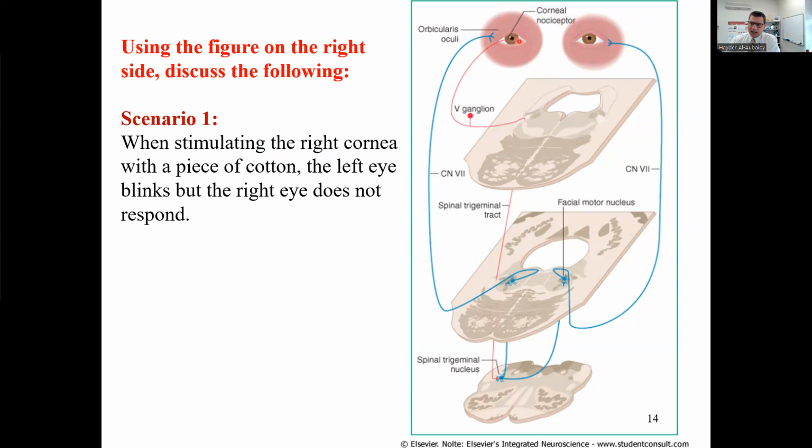If you test the eye, the other eye blinks, but not the same eye. Motor, thank you, Margarita. So the motor part. If the motor part is affected, will it be the right facial nerve or the left facial nerve? Will it be on the same side, or the contralateral side?